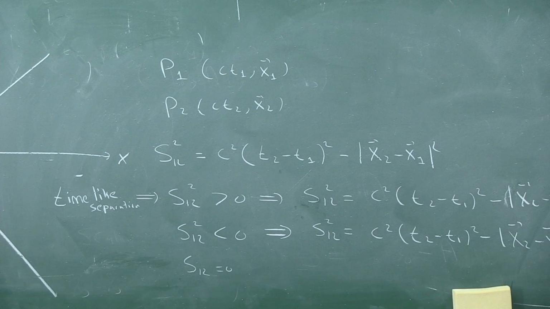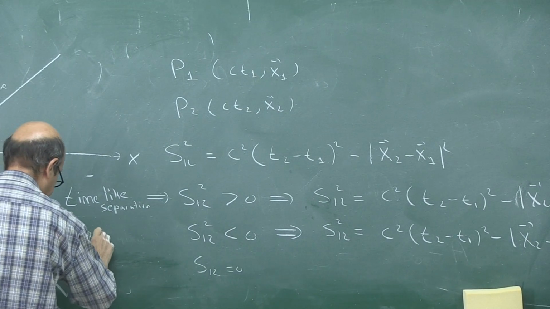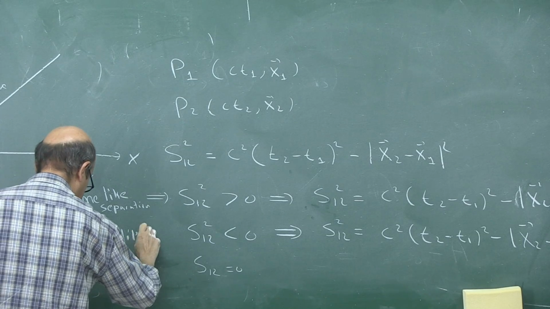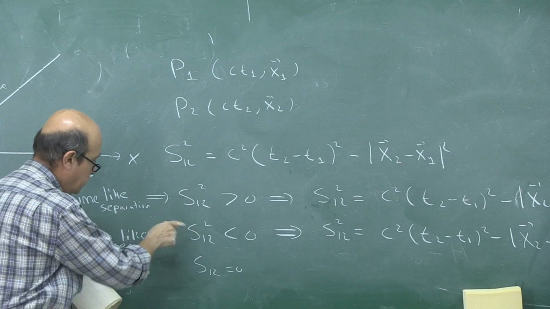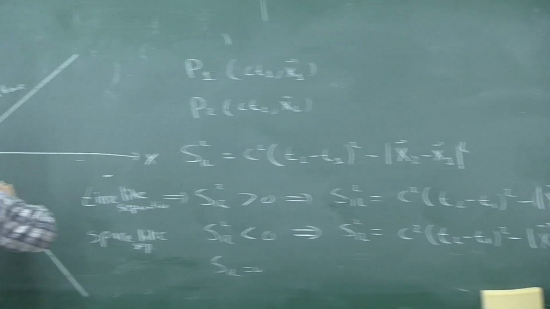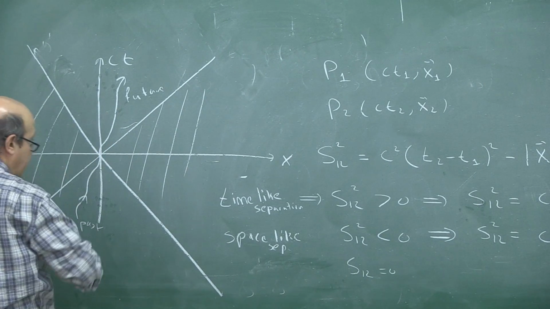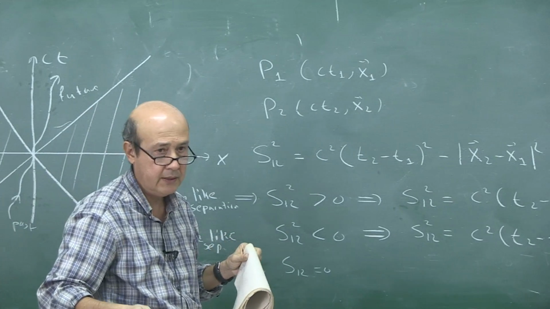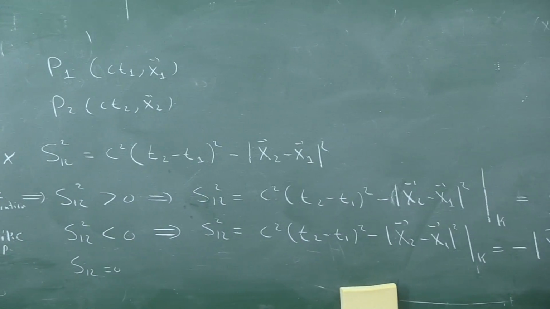Since this is the opposite case, this is the region called a space-like separation. And since this is the opposite of the time-like, that is a region outside the light cone, the forbidden part. Things are greater than the speed of light, and it violates causality.